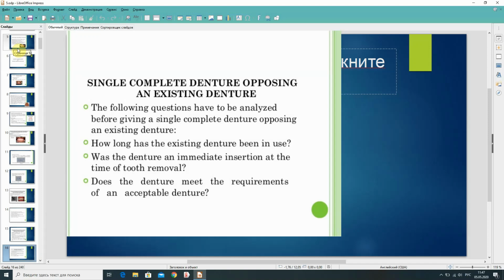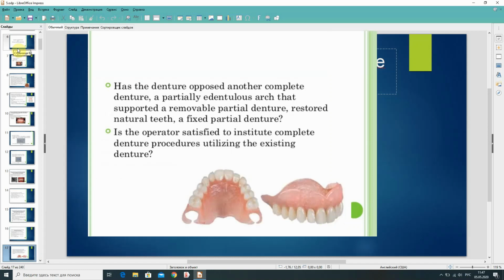Does the denture meet the requirements of an acceptable denture? Has the denture opposed another complete denture, a partially edentulous arch that supports a removable partial denture, restored natural teeth, or a fixed partial denture? Is the operator satisfied to institute complete denture procedures utilizing the existing denture?